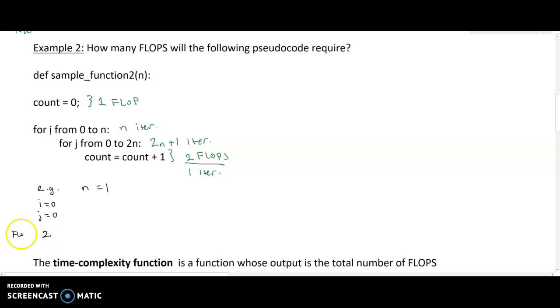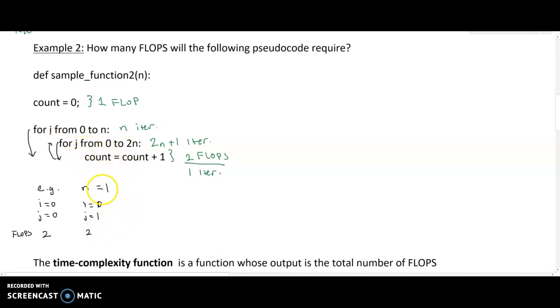So we'll keep track of the total number of flops here. Now the next thing that happens is i stays 0 because we're going to go down this way. This is going to run now, and so j is going to increase from 0 to 1. So i will equal 0, j is increased to 1, and 2 flops will take place.